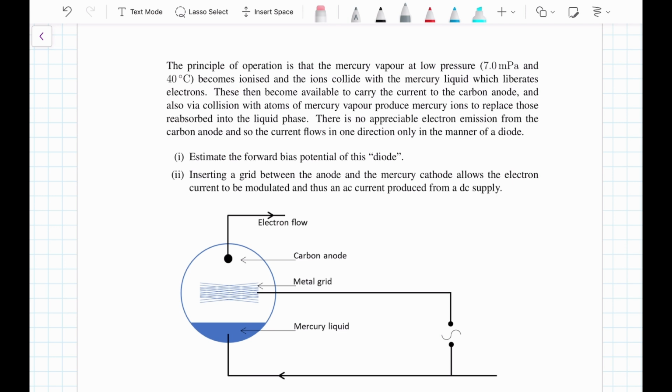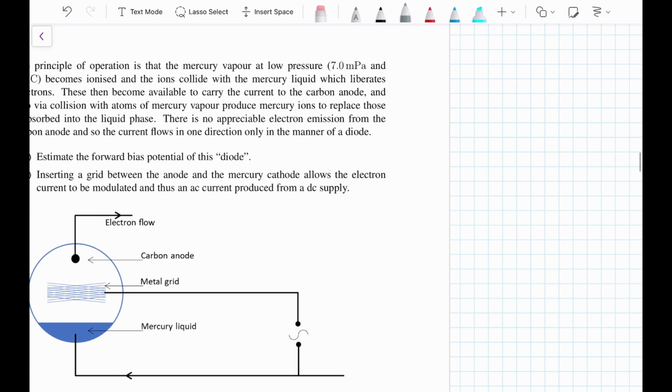Well, potential is essentially defined as the amount of energy given per unit charge. So in this case, that is just the energy of each mercury molecule, right?